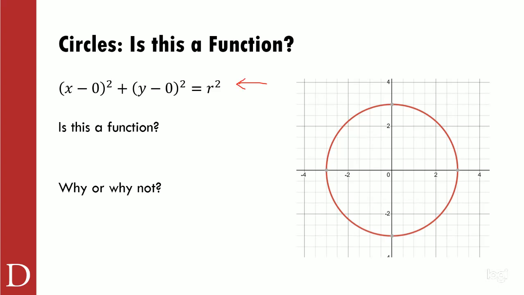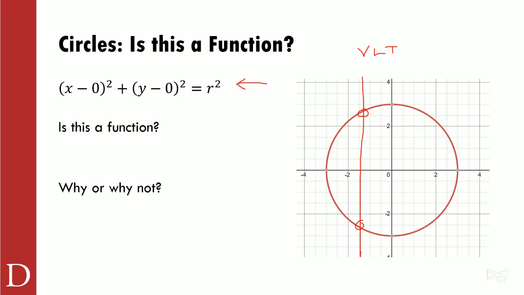But a lot of people will say, oh, a circle, that's a function, right? Well, in actuality, if you remember, we talked about functions needing to pass the vertical line test. In this particular case, if I draw a vertical line, it's going to hit this graph in 2 locations. So a circle in and of itself is not a function. And the reason why it's not a function is because it doesn't pass the vertical line test.